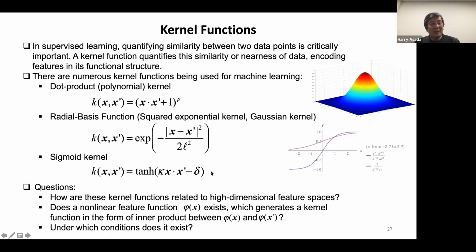There are many other kernel functions. Can they all have a special expression phi x and phi x prime, such that the inner product between these two gives you this kernel function? Are we just lucky in picking that one, or are there general properties that allow us to do this? That's the theoretical question that we'd like to look at.